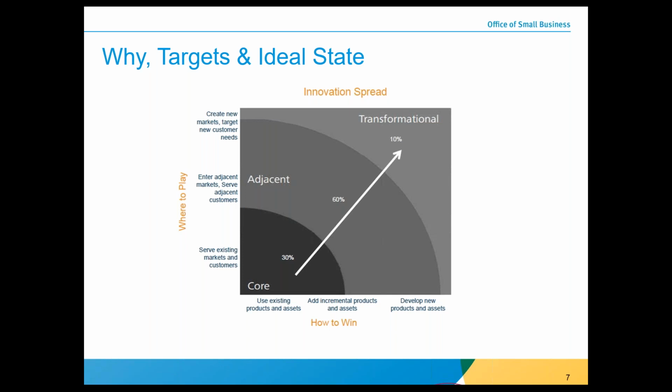They had their business processes pretty much in place and functioning well. But they were looking to grow. They were looking to jump into some adjacent markets and broaden their customer base outside of the market that they were currently in. So what they decided to do was to think about their targets in terms of where they wanted their innovation focus to be.